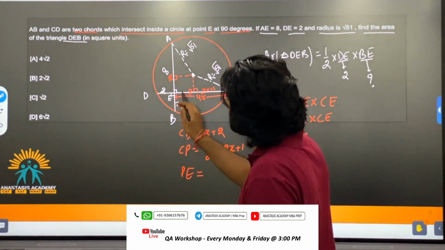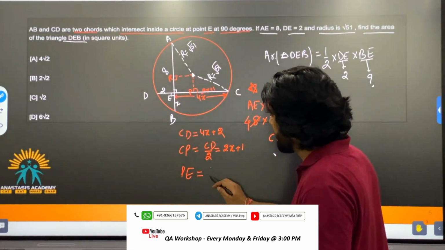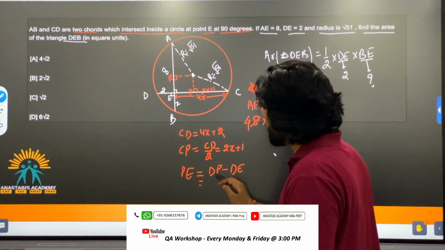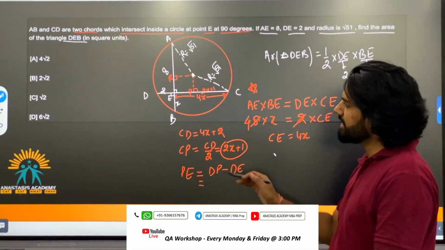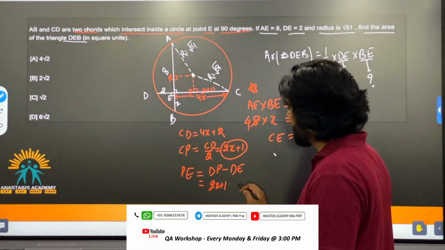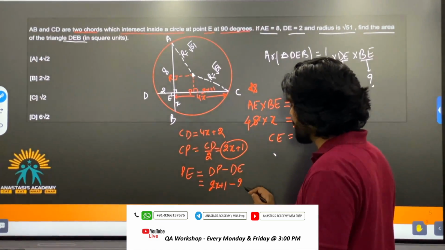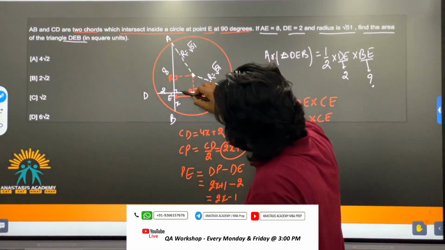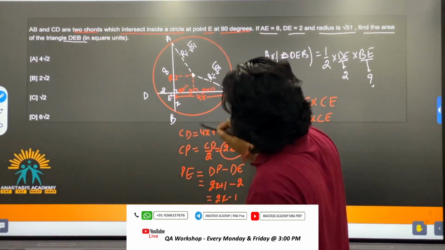DP is also 2x plus 1 because it is half of the chord. So PE is 2x plus 1 minus BE, which is 2, so it becomes 2x minus 1.